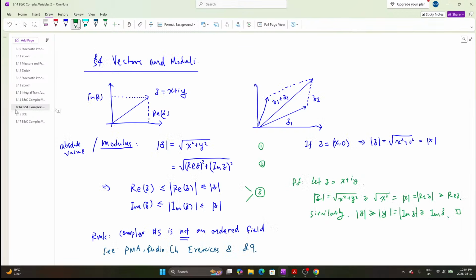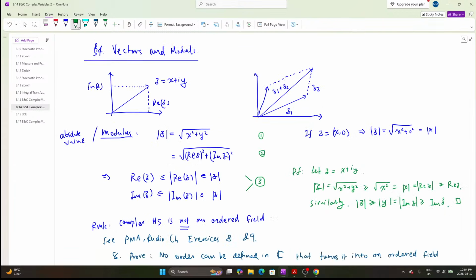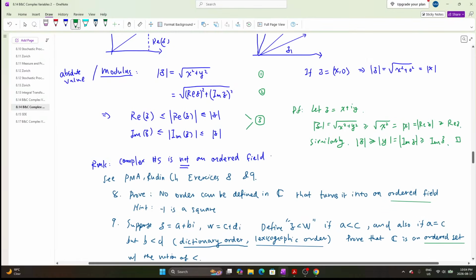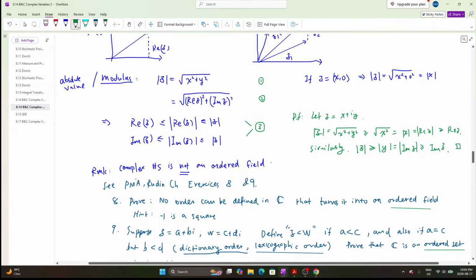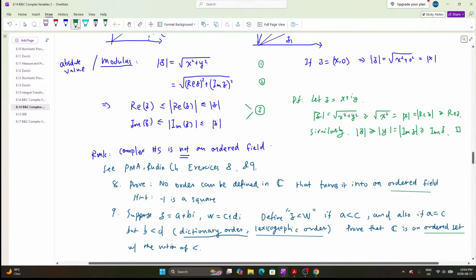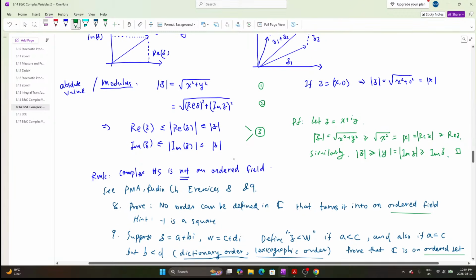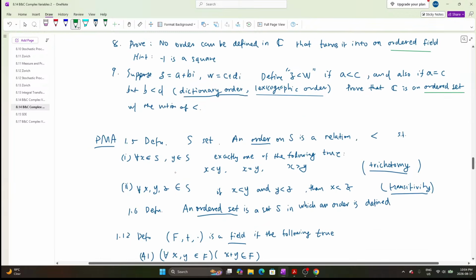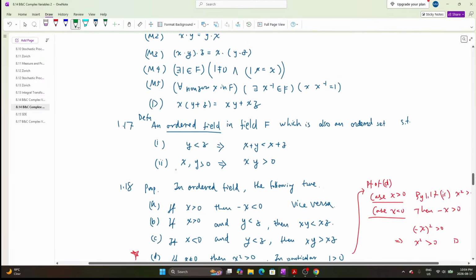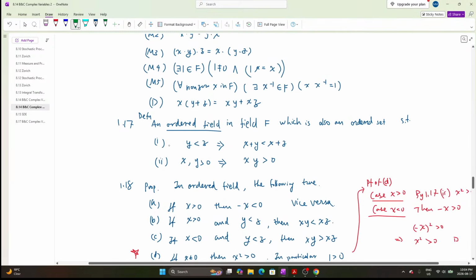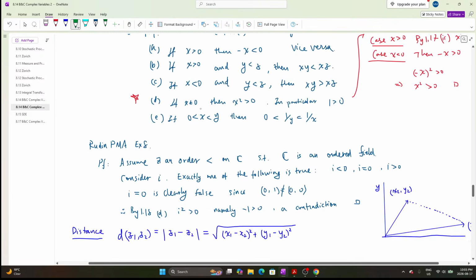The meaning of that precise statement was explained on the 14th stream. The exact statement is that the complex numbers are not an ordered field, but they can be an ordered set. An ordered field is different. Basically, you cannot introduce an order relation on the set of complex numbers so that it is compatible with arithmetic. The exact explanation was given on the 14th stream, where we introduced all the necessary definitions and the proof.